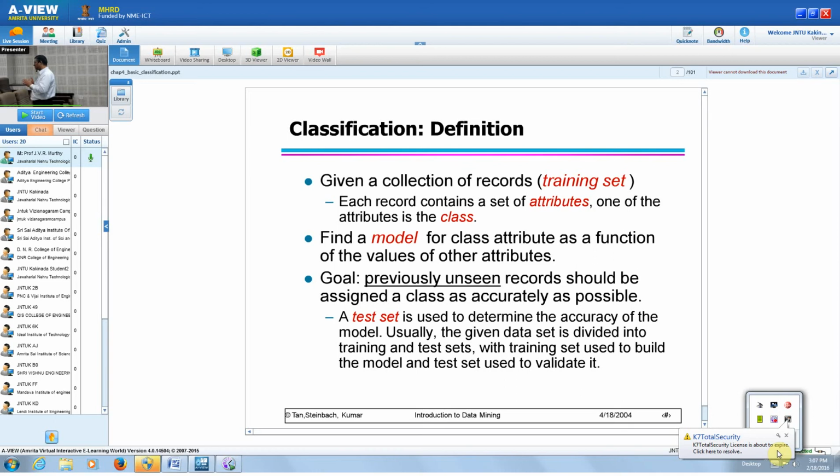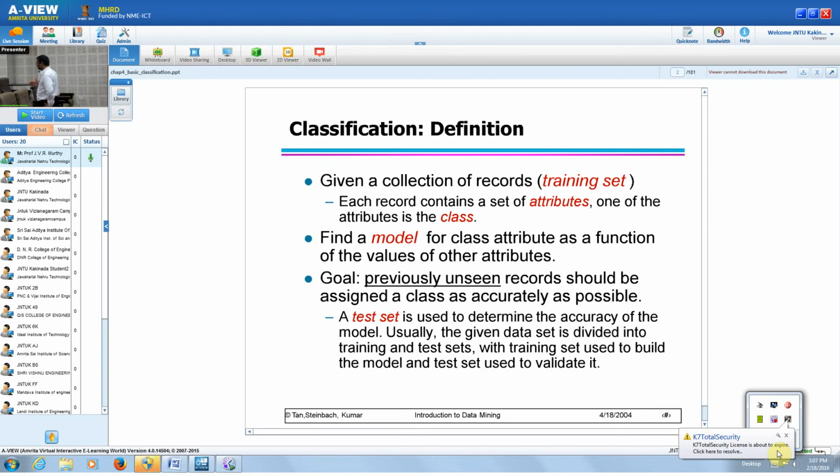Those records, that data, is called the training data. And the 20,000 records which I have used for testing the model is called the testing data. You have training data and testing data.